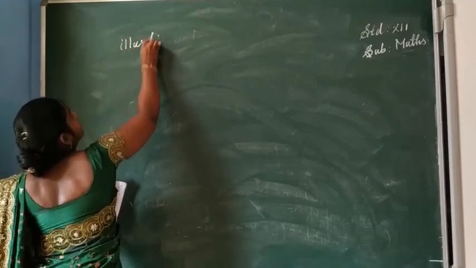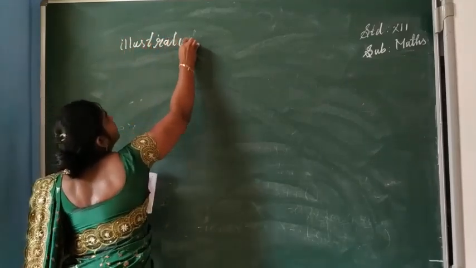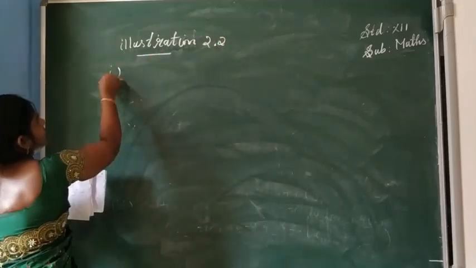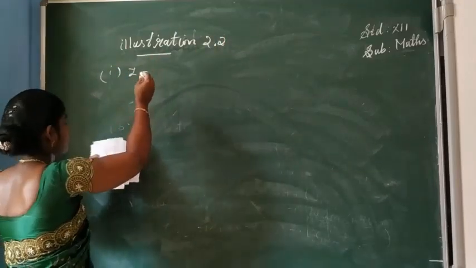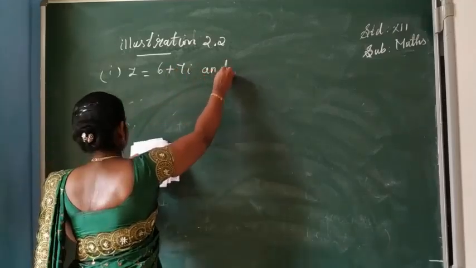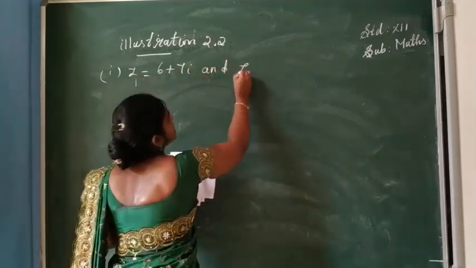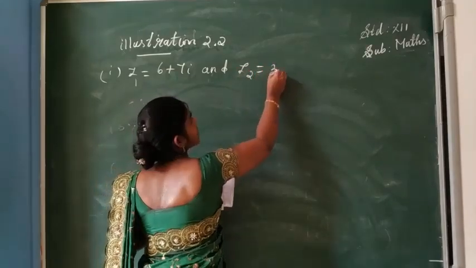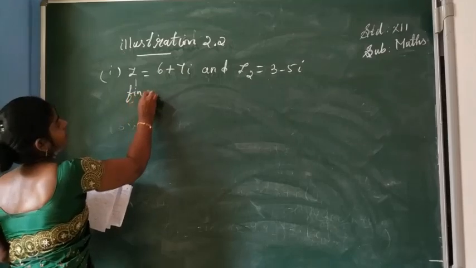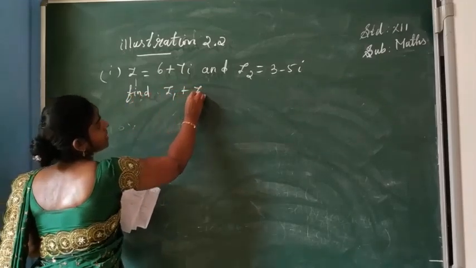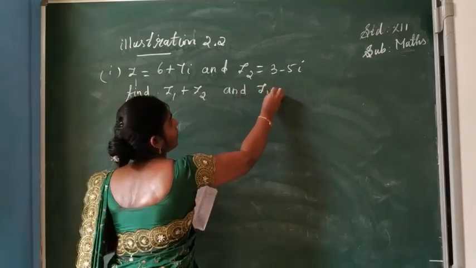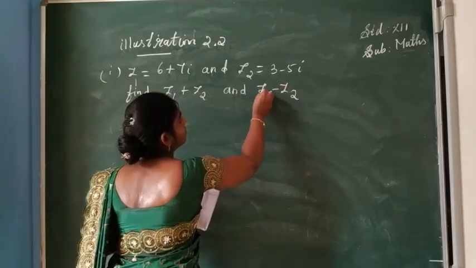Illustration 2.2. First one, z1 equal to 6 plus 7i and z2 equal to 3 minus 5i. Find z1 plus z2 and z1 minus z2.